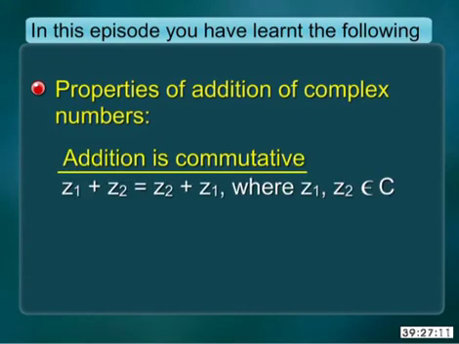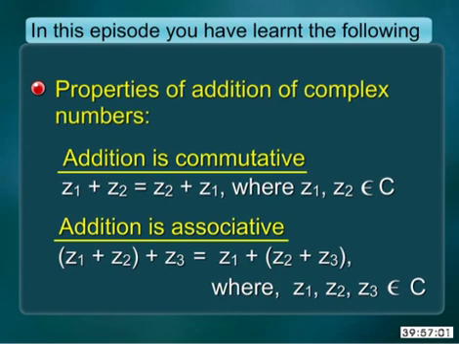First property, addition of complex numbers is commutative. It states that for any two complex numbers Z1 and Z2, we have Z1 plus Z2 is equal to Z2 plus Z1, where Z1 and Z2 belong to the set of complex numbers.